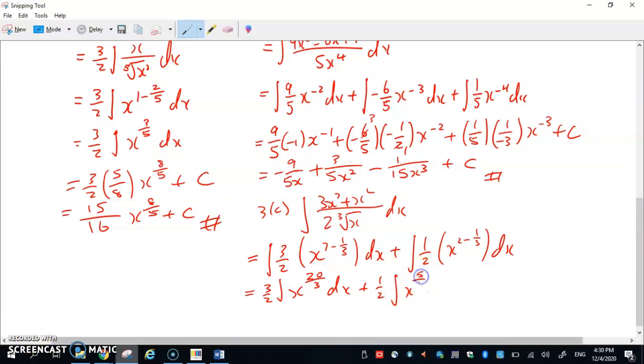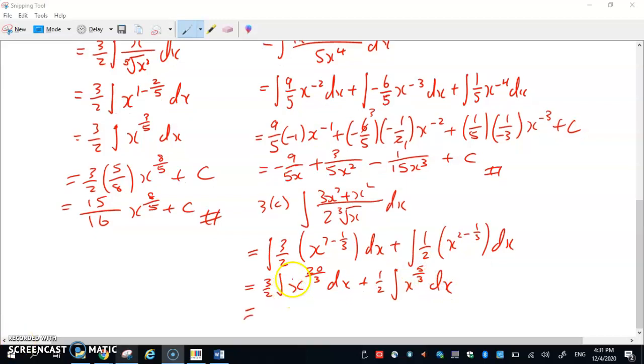5 over 3 dx. So this will give us 3 over 2 bracket 1 divided by 23 over 3 close bracket x to the power of 23 over 3 plus half bracket 1 over 8 over 3 x to the power of 8 over 3 plus c.